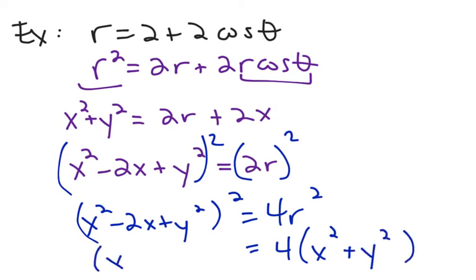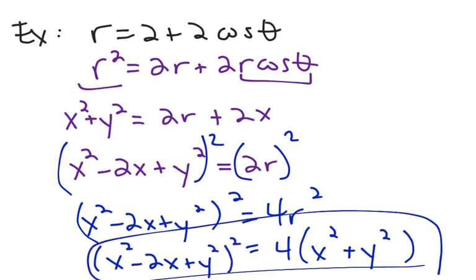And then the left hand side just stays x squared minus 2x plus y squared, squared. It's not pretty, it doesn't have a recognizable graph. However, that's how I get rid of all my r's and thetas and make it a rectangular equation. And that is an introduction into polar coordinates.